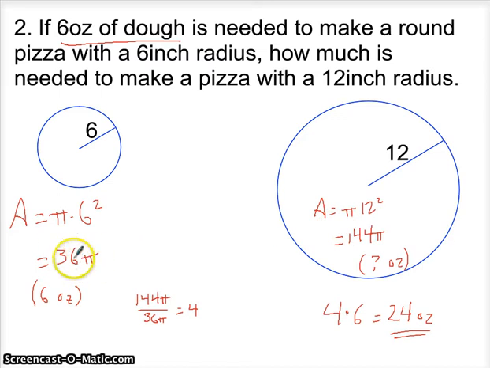I said, well, 36 pi is what fraction of 144 pi? And I figured out that it was 1/4, basically. That you need 4 of these to make one of these. So let's just take this times 4 and figure it out. And I think for this type of problem in this chapter, that's about as hard as it's going to get. I don't think you have to get a whole lot more technical to figure out these types of problems.